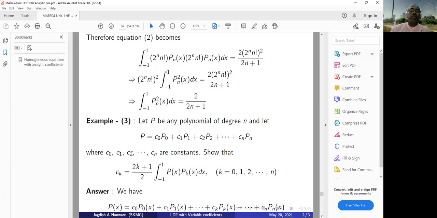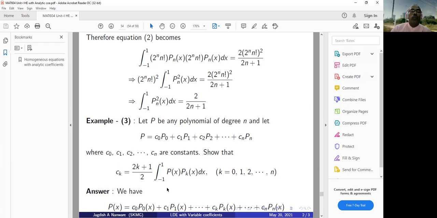And how are these constants determined? That is given by this formula. Ck is equal to 2k plus 1 divided by 2, integral minus 1 to plus 1, P(x) into Pk of x. So let us solve this now.